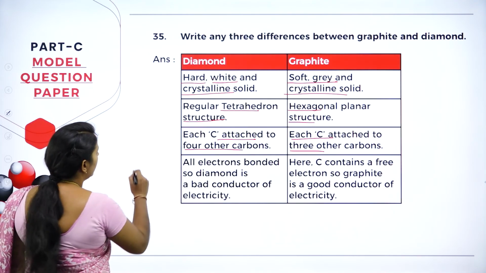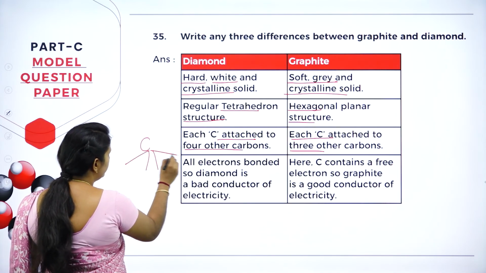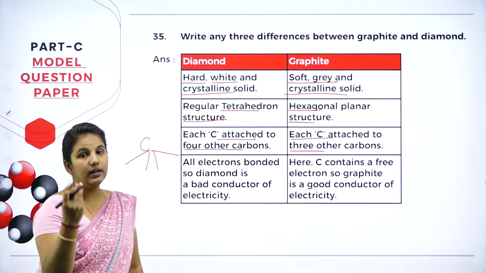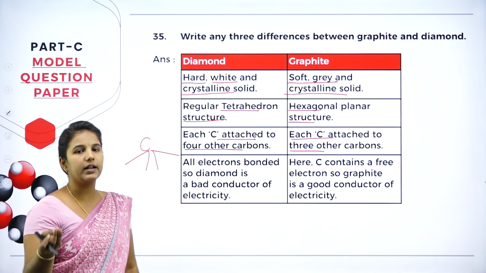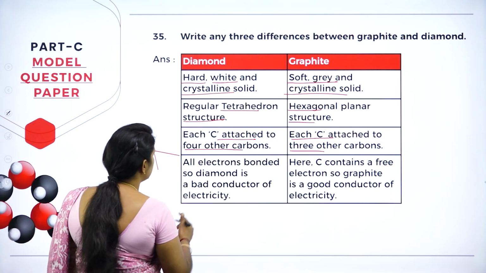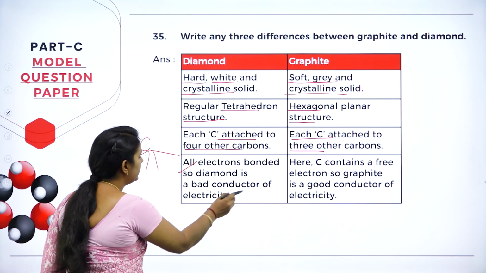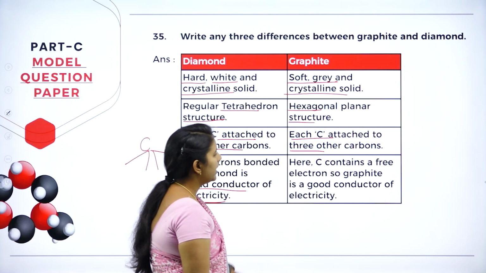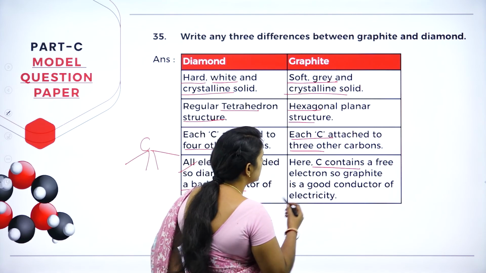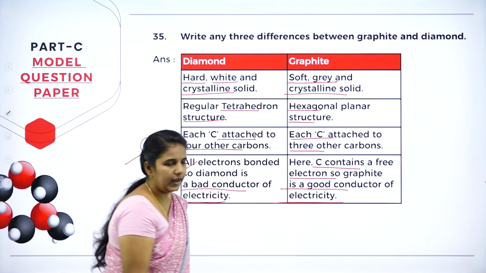Coming to the last difference, in diamond all the electrons are bonded, so diamond is a bad conductor of electricity, whereas the carbon in graphite contains one free electron, hence it is a good conductor of electricity.